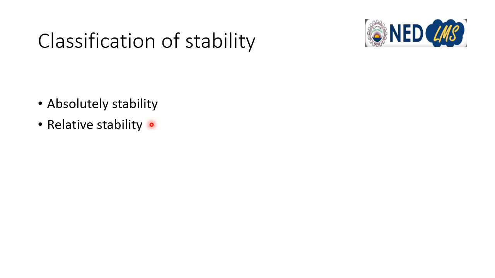Whereas relative stability is the degree of stability. Once your system is found to be stable, it is of interest to determine how stable it is, or in other words, how close it is to being unstable.